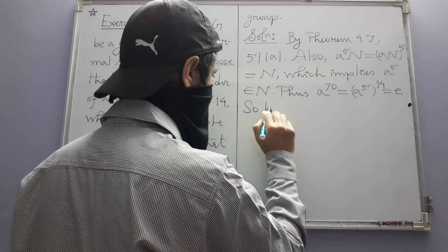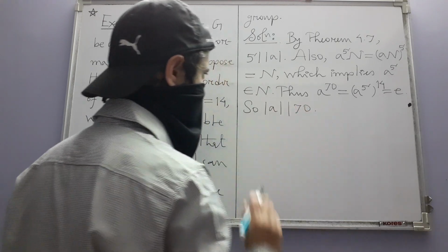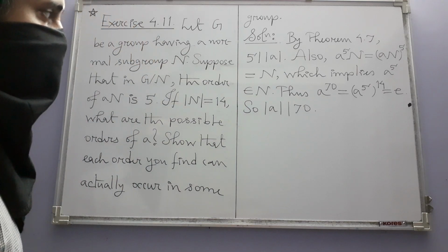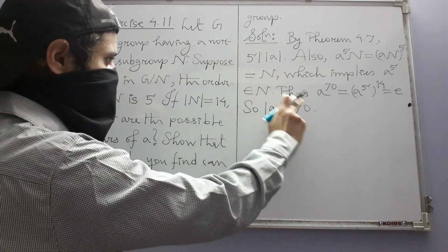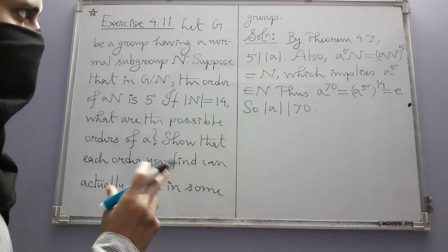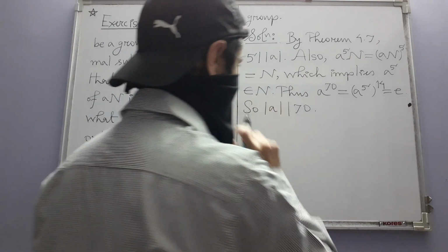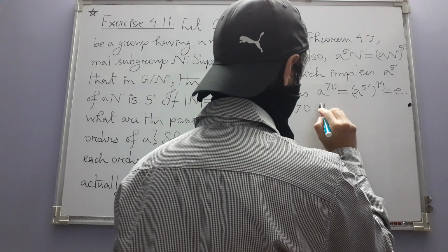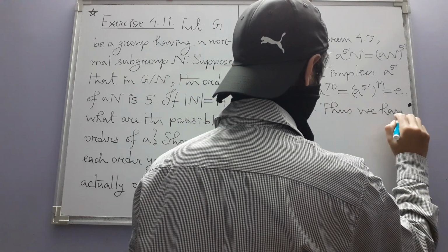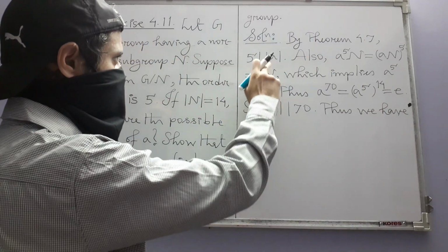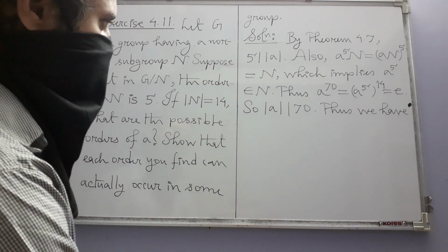So the order of A should divide 70. Now we have two conditions that the order of A satisfies: this divisibility relation and this one. And based on these two things, these are the possible values of this order. Thus, the order of A should be a multiple of 5 which also divides 70.